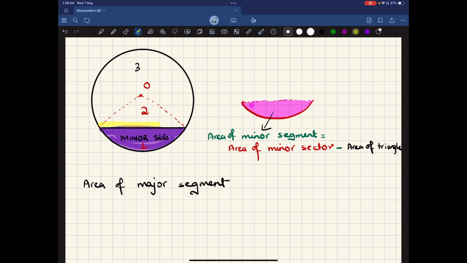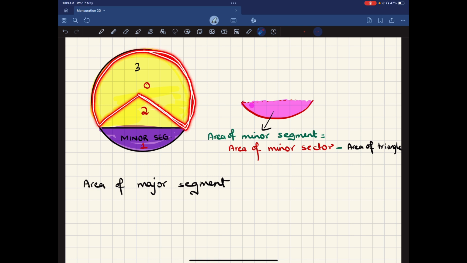So this entire thing is the major segment, right? This is the major segment. Now, if you look at it carefully, it is made up of two shapes that we know how to calculate the area of. So the first shape is this triangle, and the second is this major sector, right?